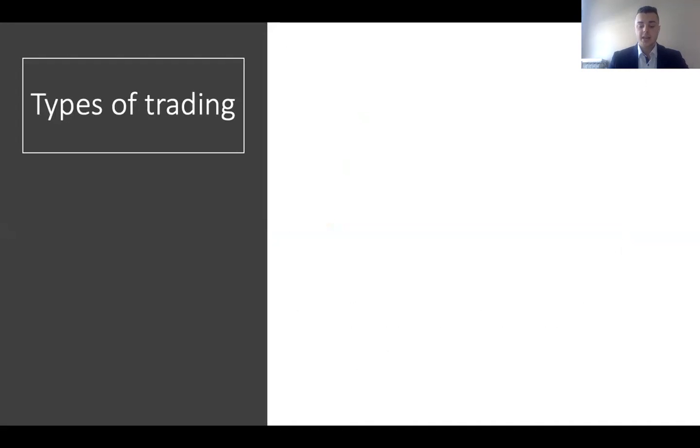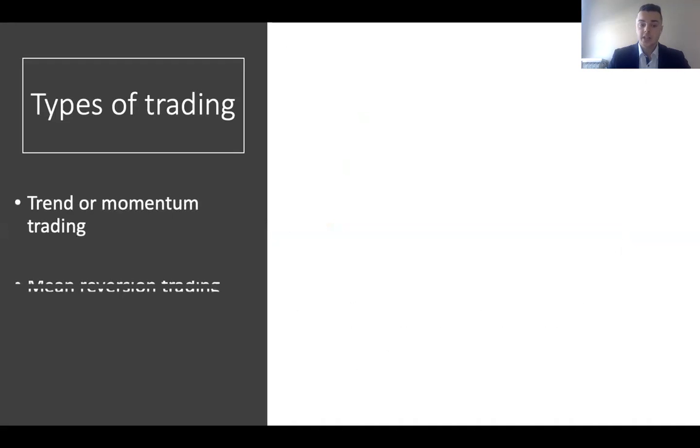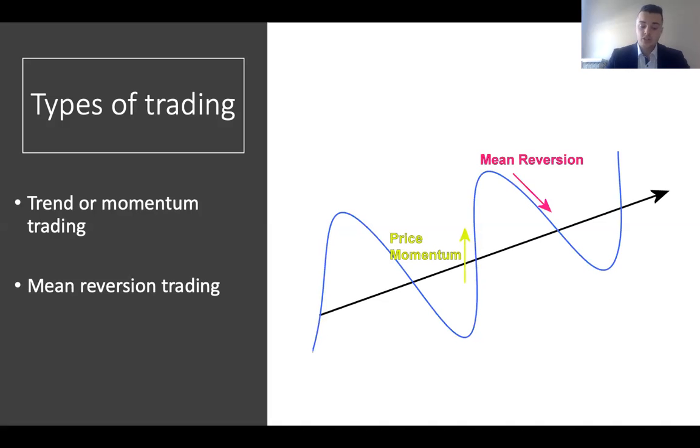In terms of the mechanics of trading, there are two types of trading, so-called trend or momentum trading and mean reversion trading. Trend trading is the belief that the price is moving in an overall direction. In other words, if it was already going up, we believe that it will continue to go this way.